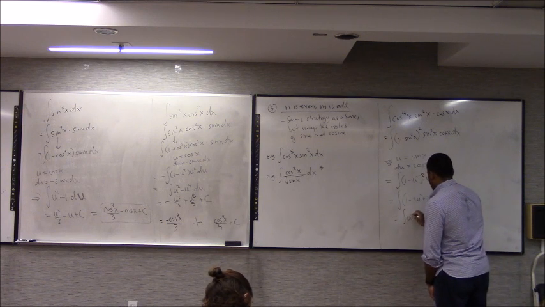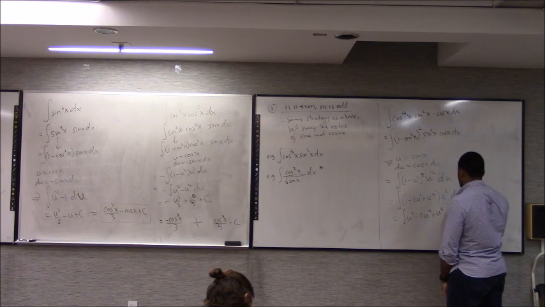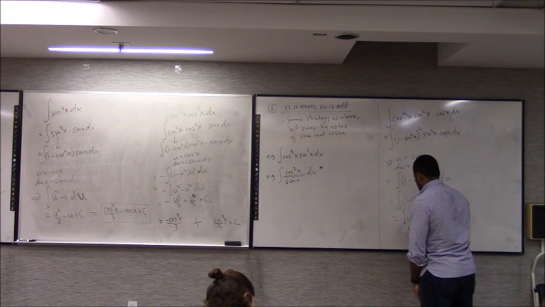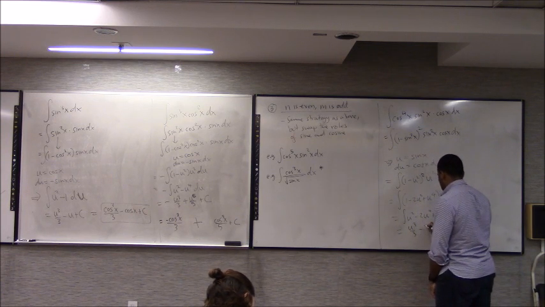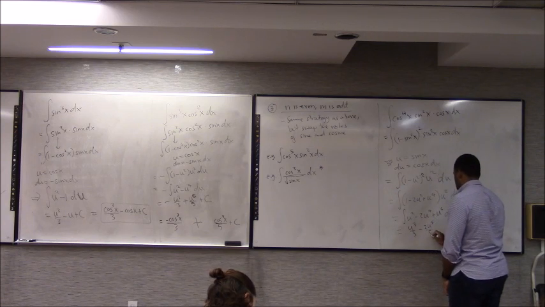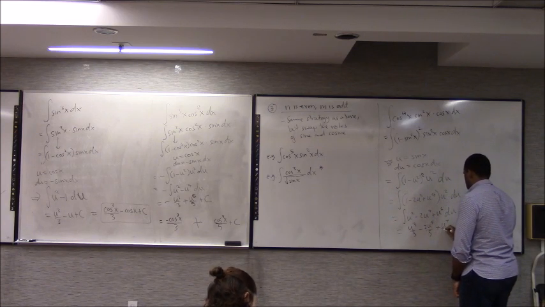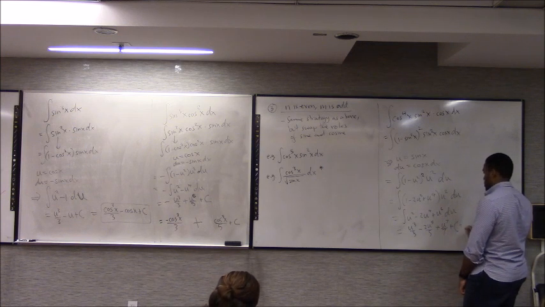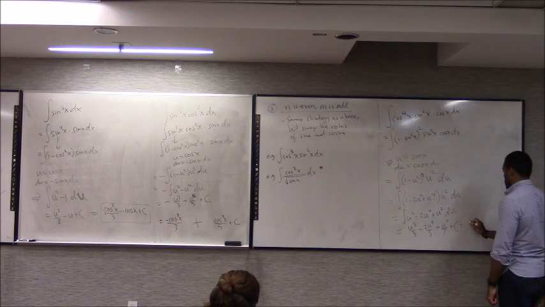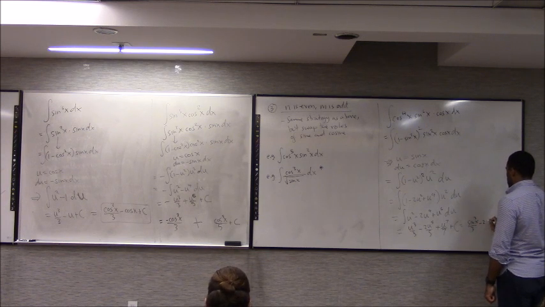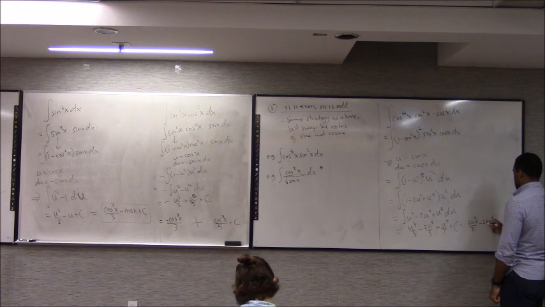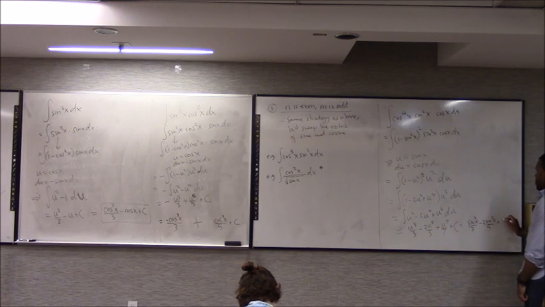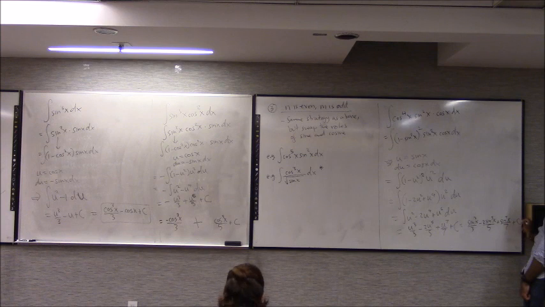Then you're going to have u squared minus 2u to the fourth plus u to the sixth. Then you're going to have u cubed over 3 minus 2u to the fifth over 5 plus u to the seventh over 7 plus c. So sine cubed x over 3 minus 2 sine to the fifth x over 5 plus sine to the seventh x over 7 plus c.